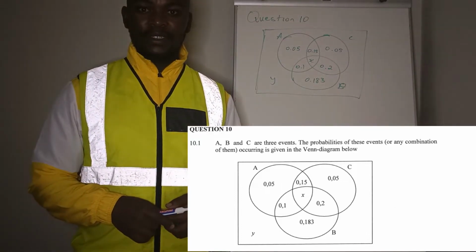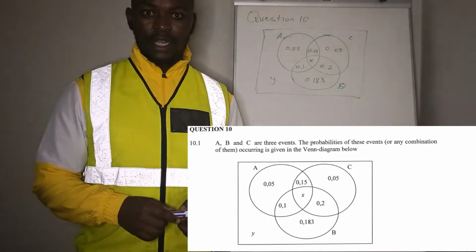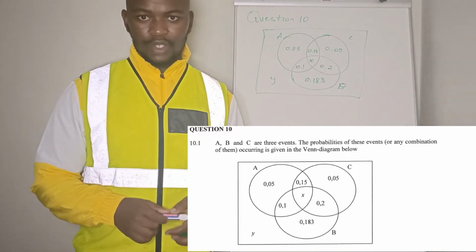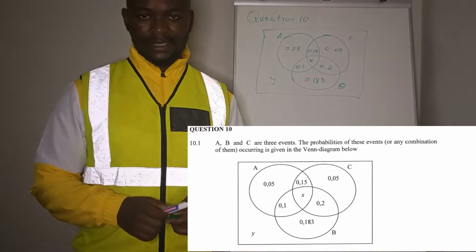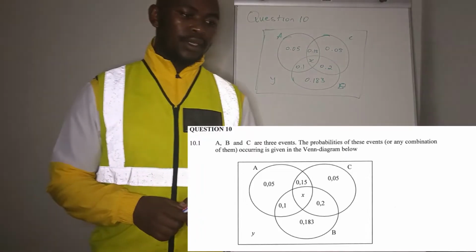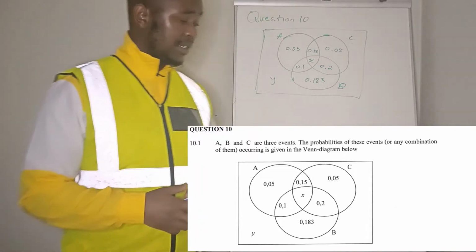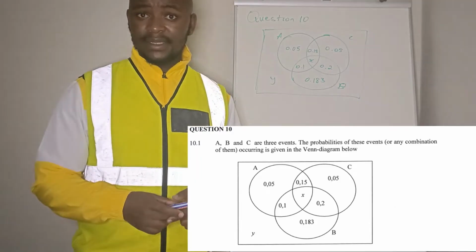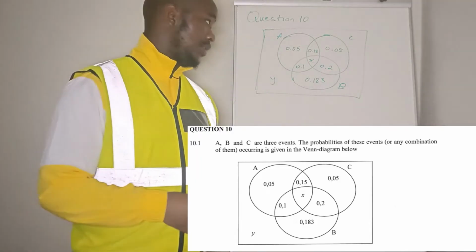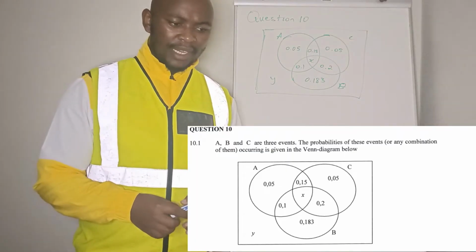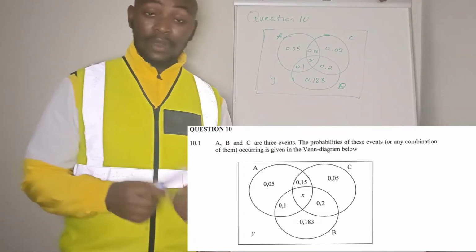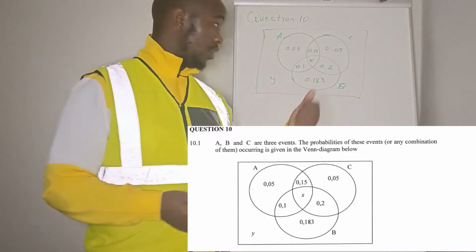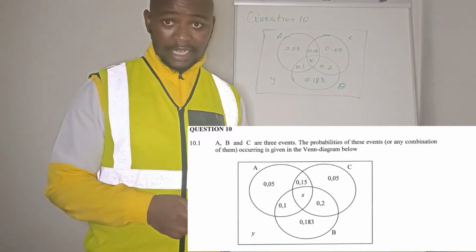Hello everyone. Today we're going to have a look at question 10 of the November 2022 question paper for mathematics grade 12. The statement reads as follows. We are given three events, A, B, and C. The probabilities of these events or any combination of them occurring is given with this Venn diagram.